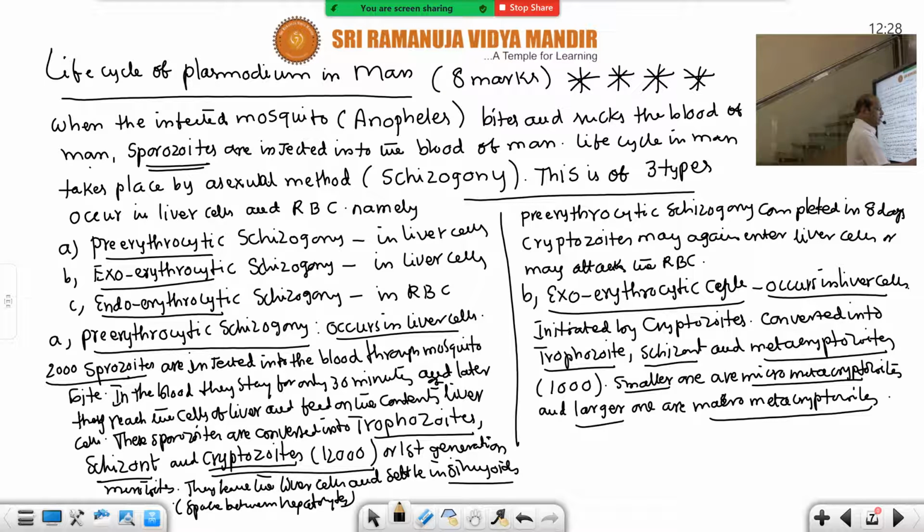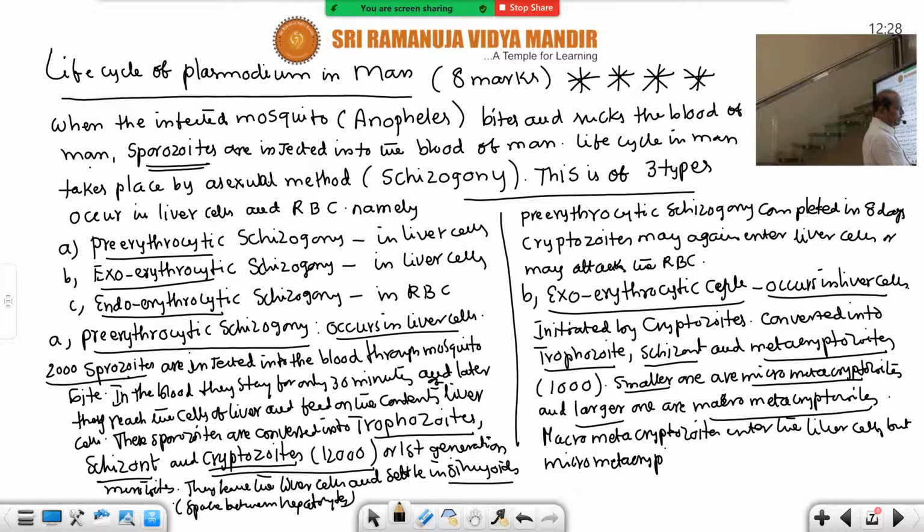Macro metacryptozoites enter the liver cells, but micro metacryptozoites infect the RBC.